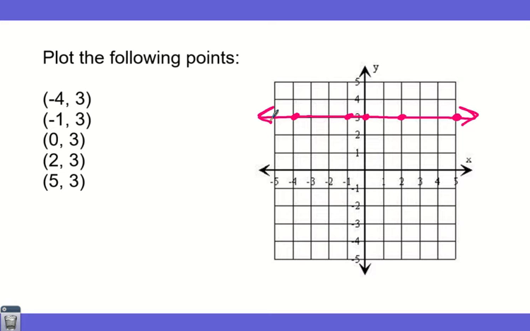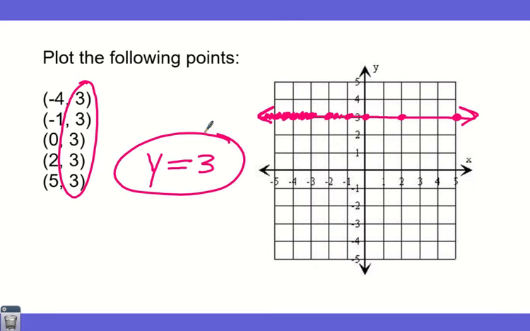Well, this line is perfectly horizontal, and again, it's not just these points, but that point, that point, and so on. y always equals 3.